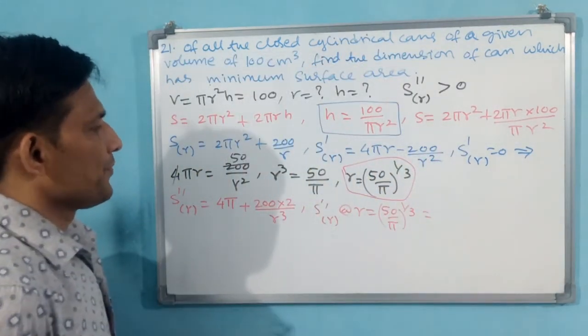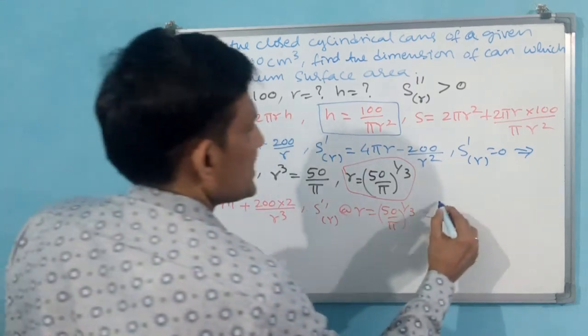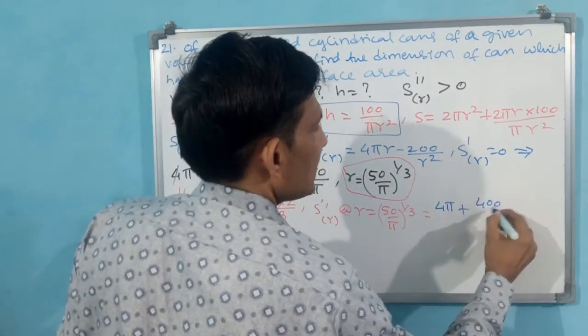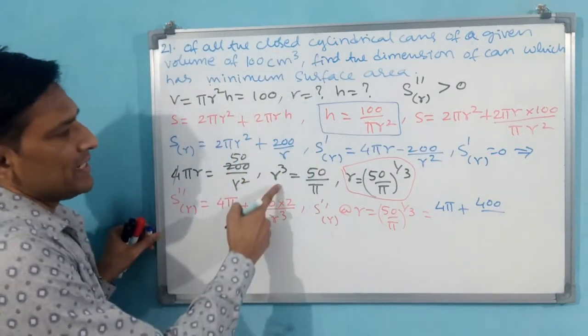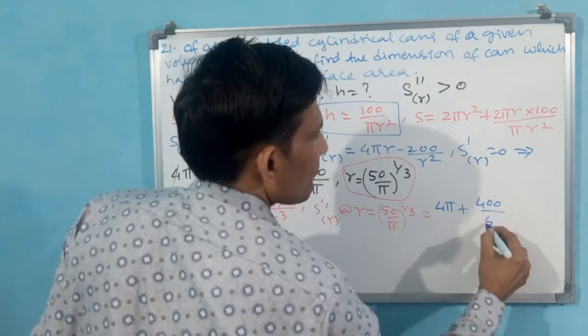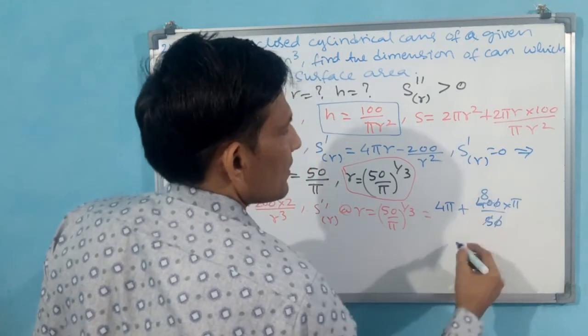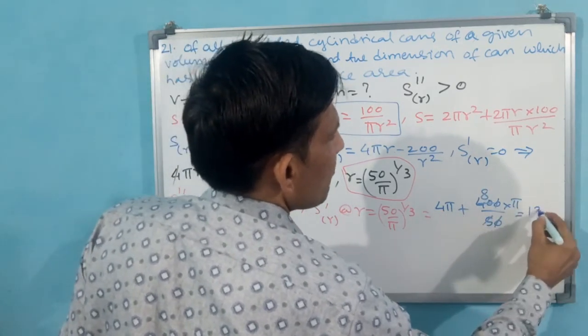Okay, you see 4 pi plus 400 by r cube. Directly shall I take 50 by pi? Eight pi plus 4 pi, 12 pi.